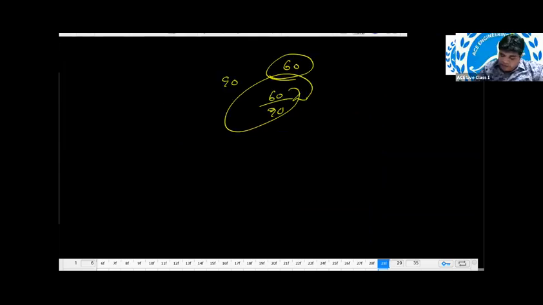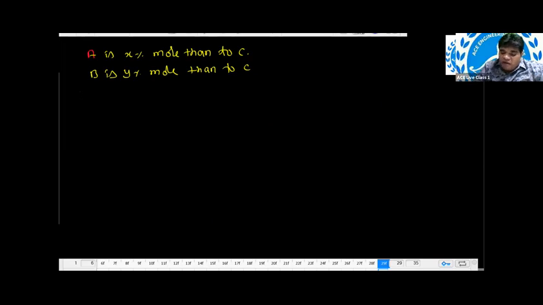If you want the statement, I have written it completely. A is X percentage more than C. B is Y percentage more than C. Both numbers are operated on the third number. But what is my question? What is the percentage of A in B?